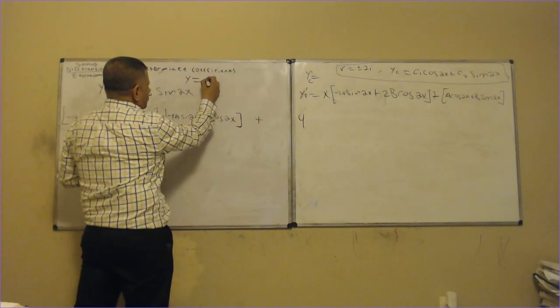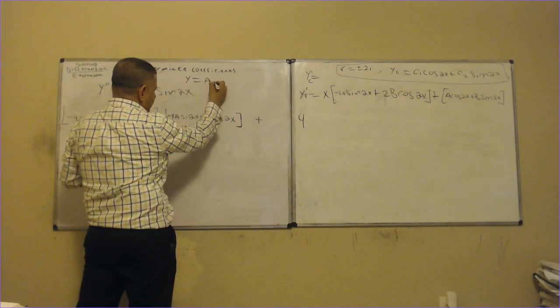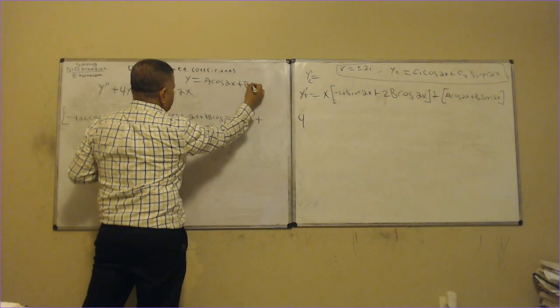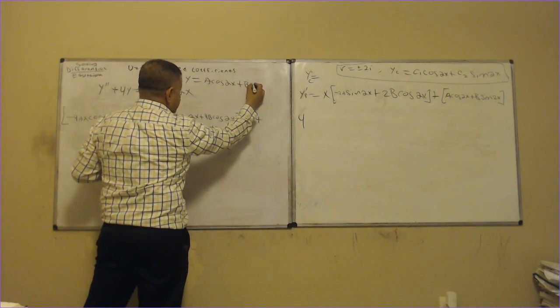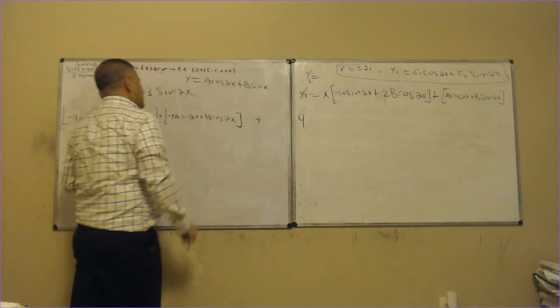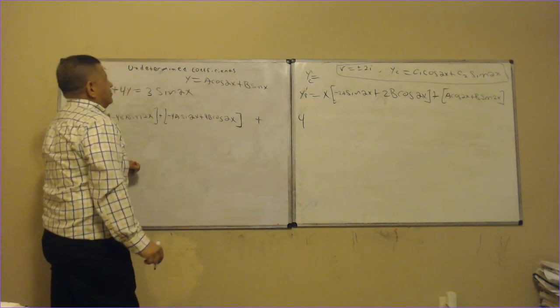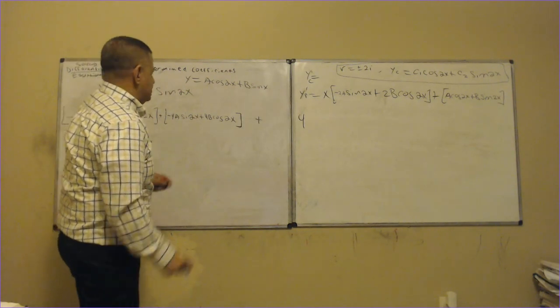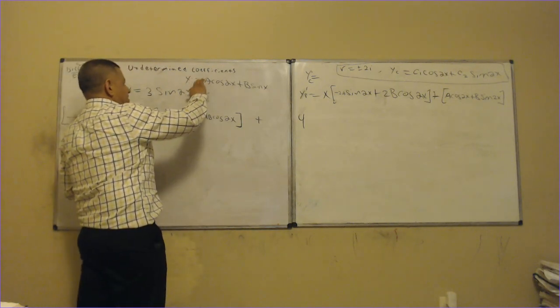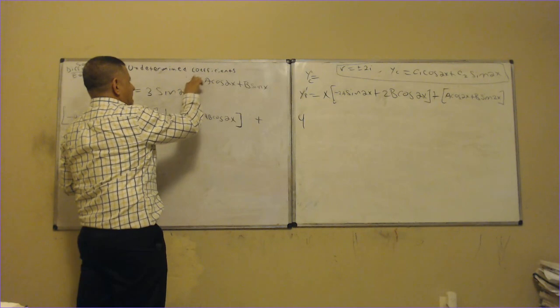y was equal to a cosine of 2x plus b sine of 2x, right? But be careful, this is what you have to be careful about. Notice that we added an x.